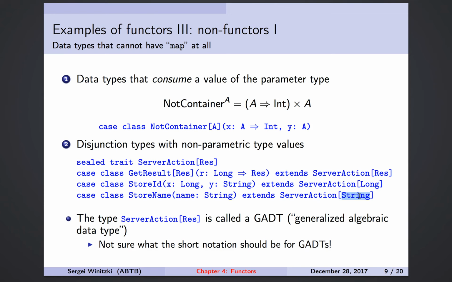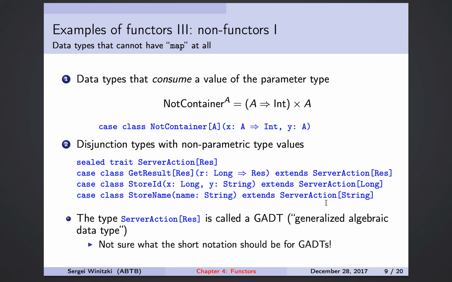So it uses type values that are not parametric, type values that are not equal to this parameter. So the way that we have case classes for option or either or such parametric disjunction types is that each case class extends the trait with the same type parameter as it has. And here it's not the case. It extends with a fixed type.